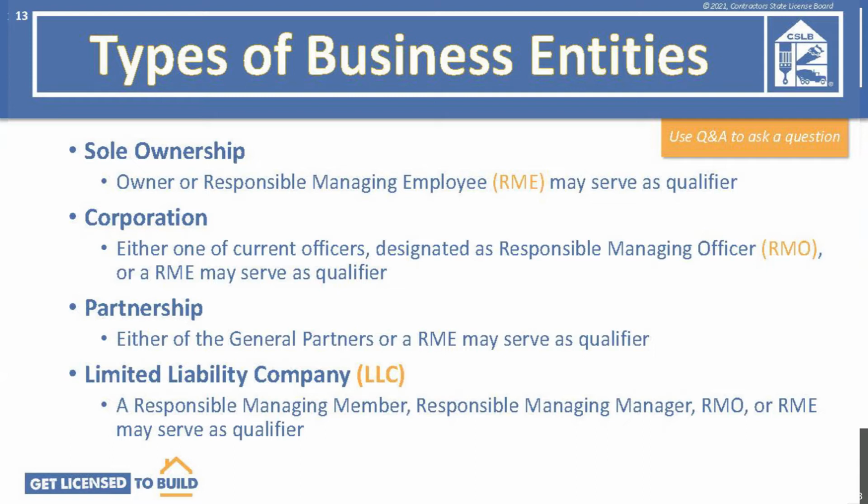That's 2% of our licenses. Finally, a limited liability company or LLC, where a responsible managing member, responsible managing manager, responsible managing officer, or responsible managing employee may serve as qualifier. About 1.5% of California construction companies are LLCs.